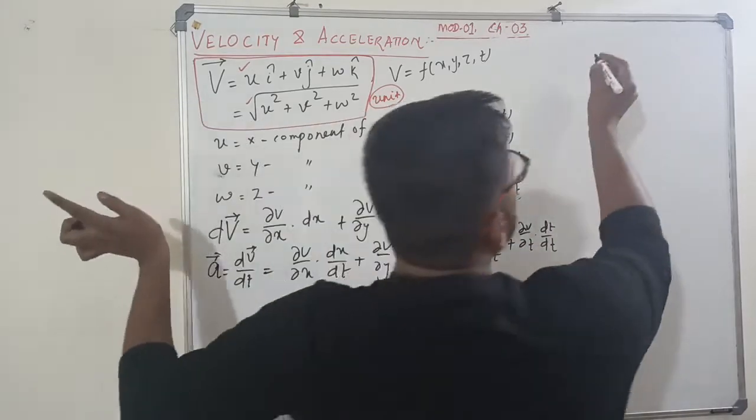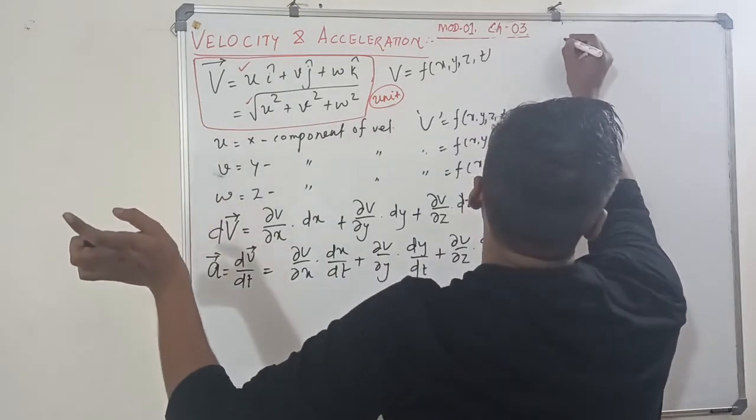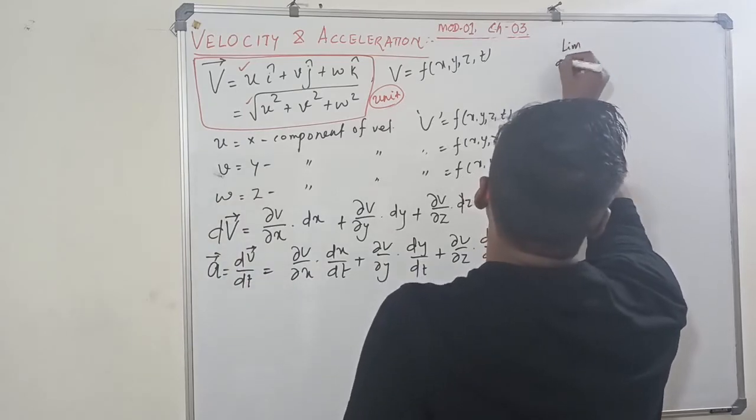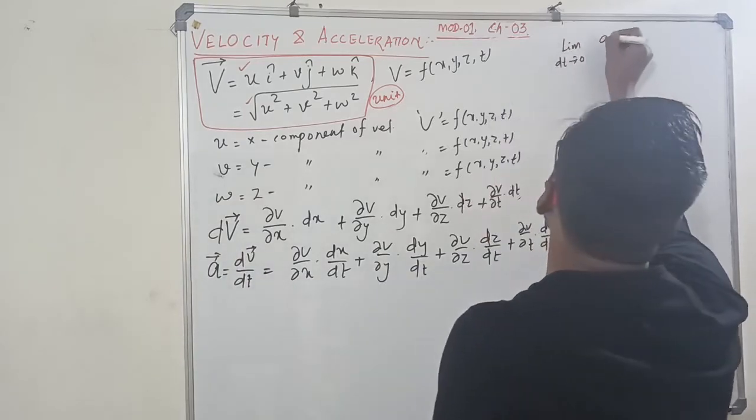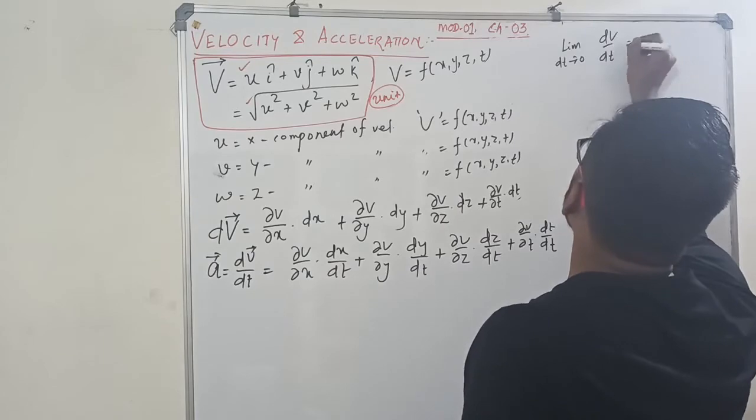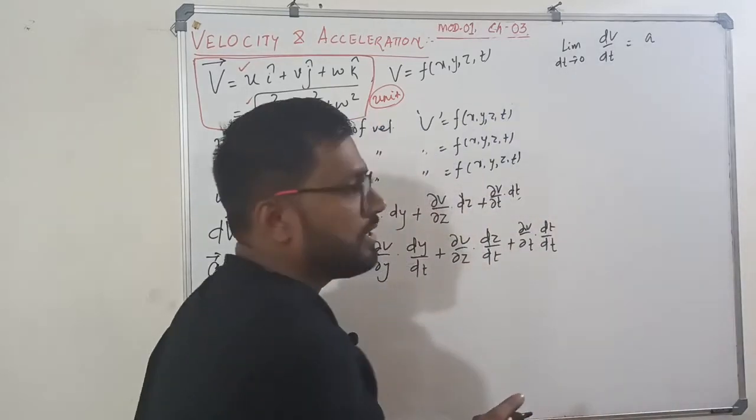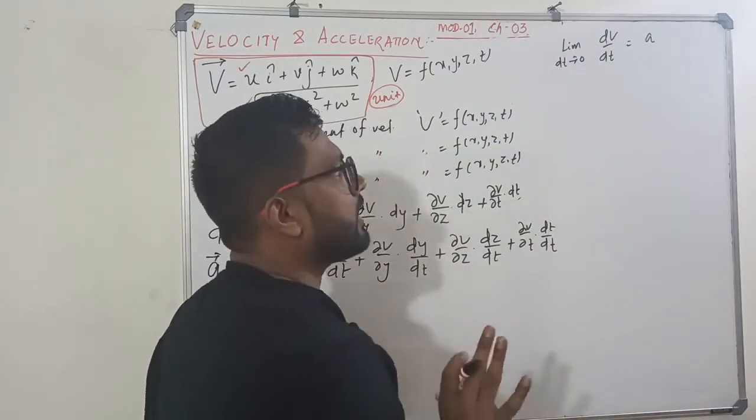Now, limit dt tends to 0 of dv by dt, what is this? Sir, this is your acceleration.